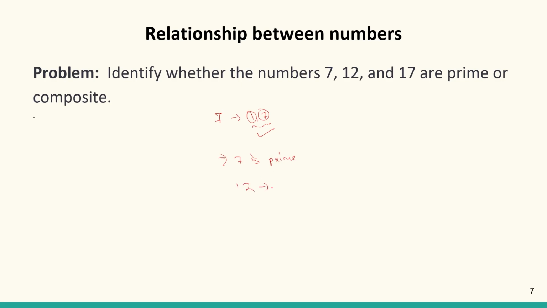For 12, we have divisors 1, 2, 3, 4, 6 and 12. Although 1 and 12 also divide 12, there are other numbers, that is 2, 3, 4, 6, that divide 12. So this is why it is composite.